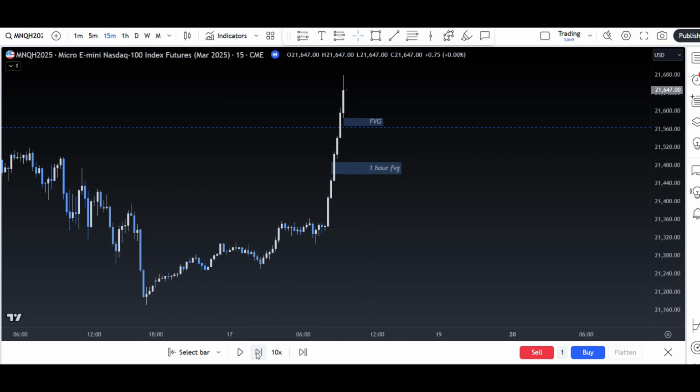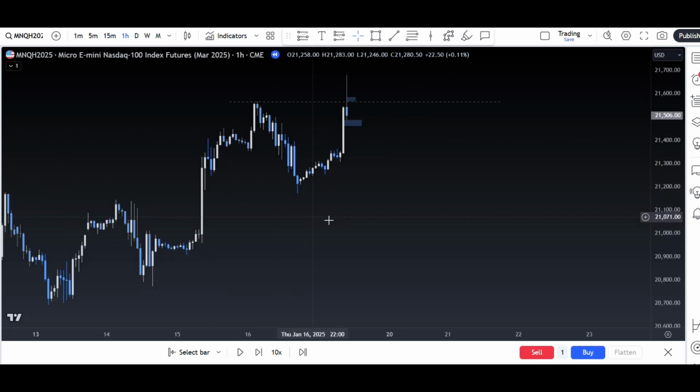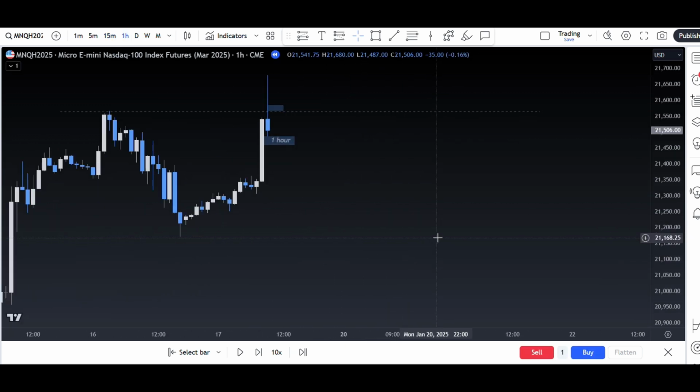So at 9:30, we got a lot of displacement to the downside. And we have this candle closing below the 50% range of these fair value gaps. I don't want to get into too much mumbo jumbo for you, but essentially the gist of the trade was this 1 hour candle closed like this.